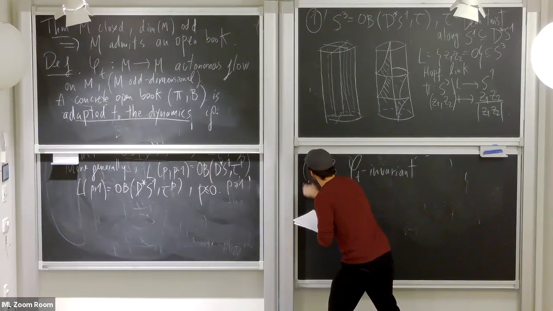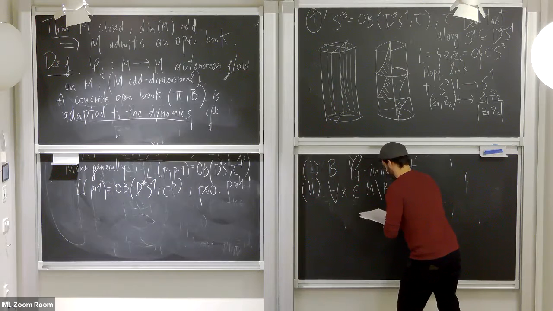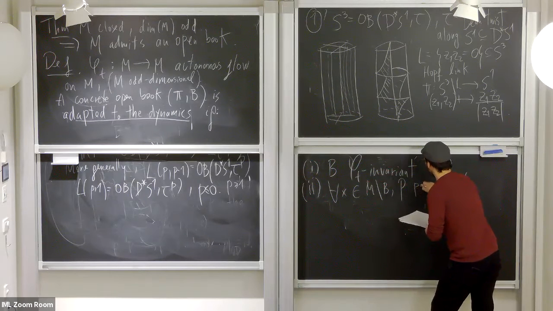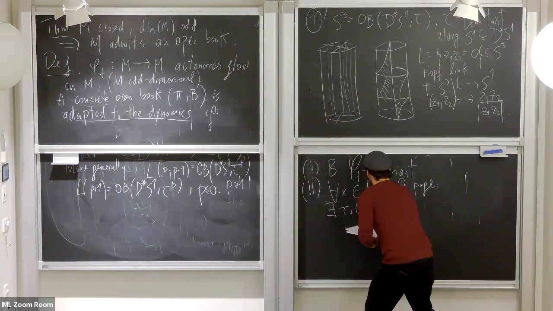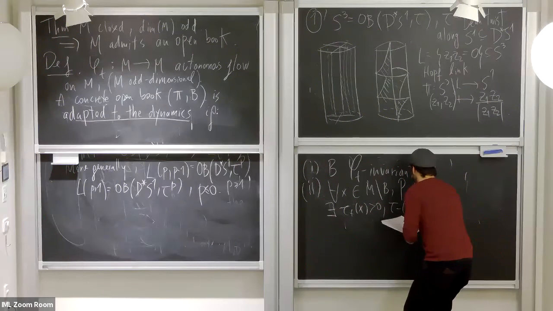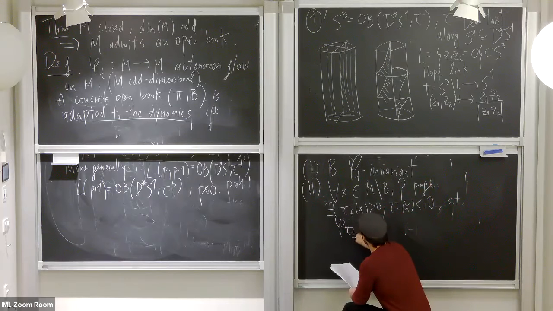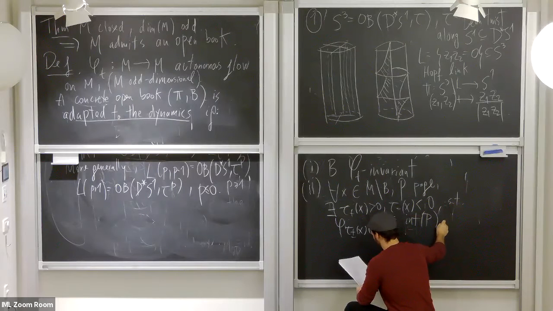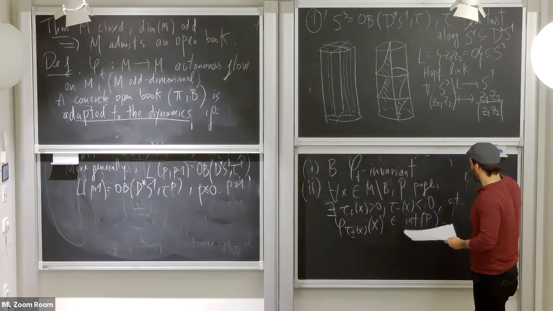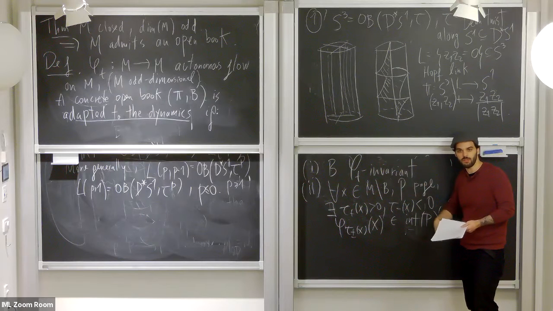And the second condition is that for every x that is not in B, and for every page, there exist positive times and negative times, depending on x, such that phi of plus or minus t of x lies in the interior of P. In other words, any point which is not in the binding has an orbit that intersects the interior of a page in the future and in the past.